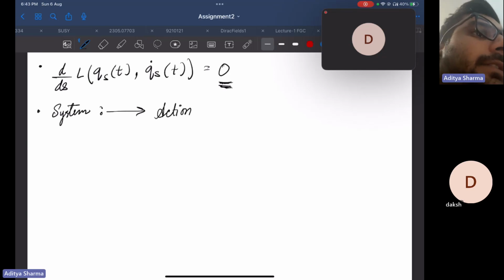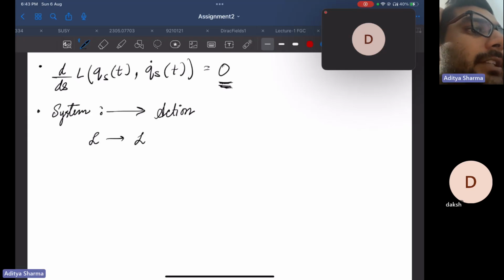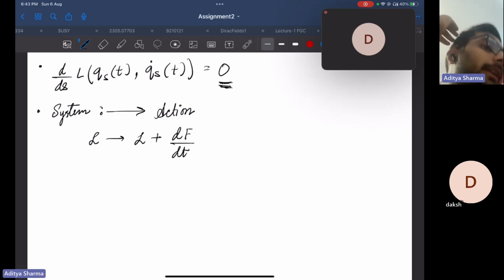It is not the Lagrangian. The difference between these two is that the Lagrangian can change by a total derivative term. Even when the Lagrangian changes by a total derivative term, the action doesn't change.